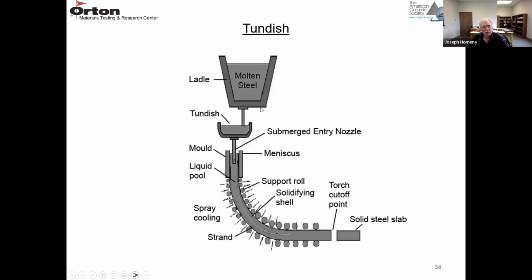So this is a ladle with the molten steel. Here's your slide gate and your tube that controls the flow of metal. This is the tundish. It's sort of like a bathtub shaped vessel. There's another slide gate below that and a tube, and that controls the flow of metal into your mold here, and then you have your continuous caster.